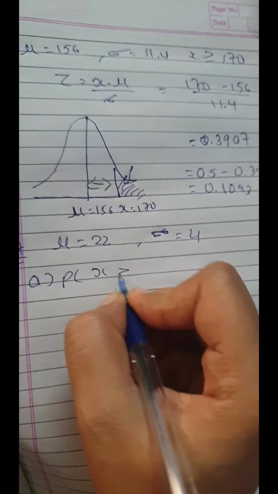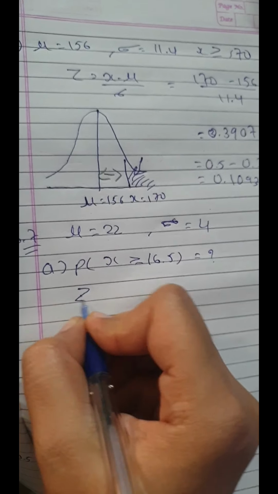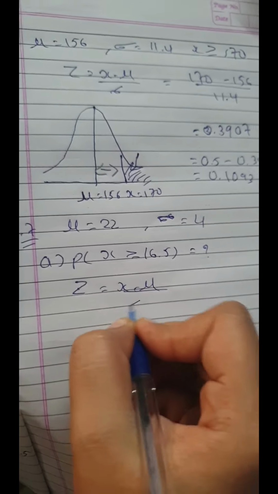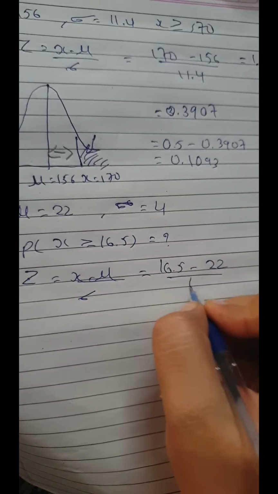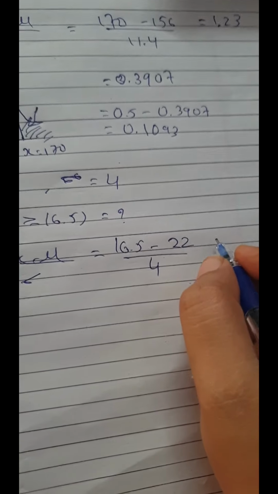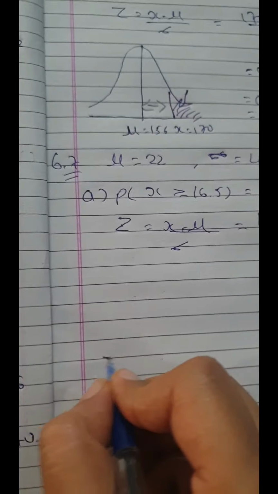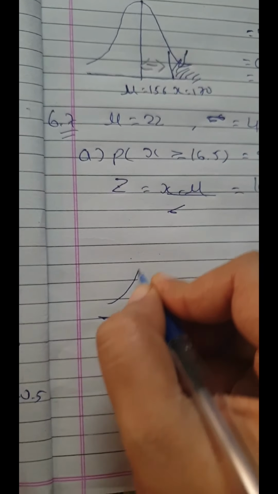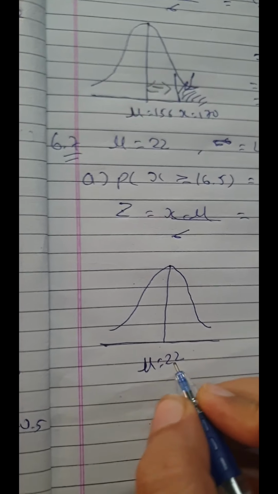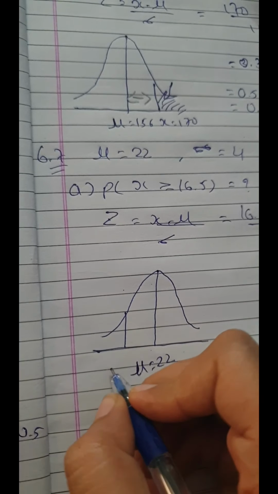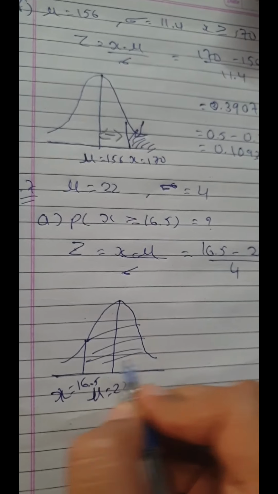P of X greater than or equal to 16.5, that we are required to find. So Z equals X minus mu upon standard deviation, 16.5 minus 22 upon 4. So it is minus 1.38. This is our normal distribution curve. Mu equals 22, X is 16.5, and you want the greater area.